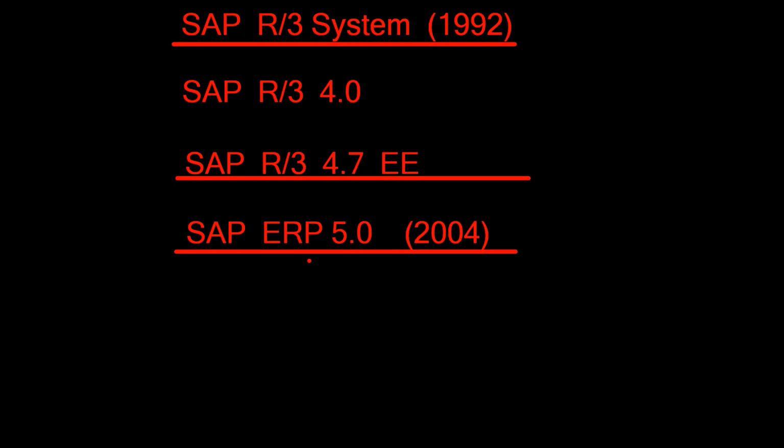So that is nothing but ERP. This is the only one application for all the departments in the organization, to coordinate and communicate with other departments. So ERP is one single application.